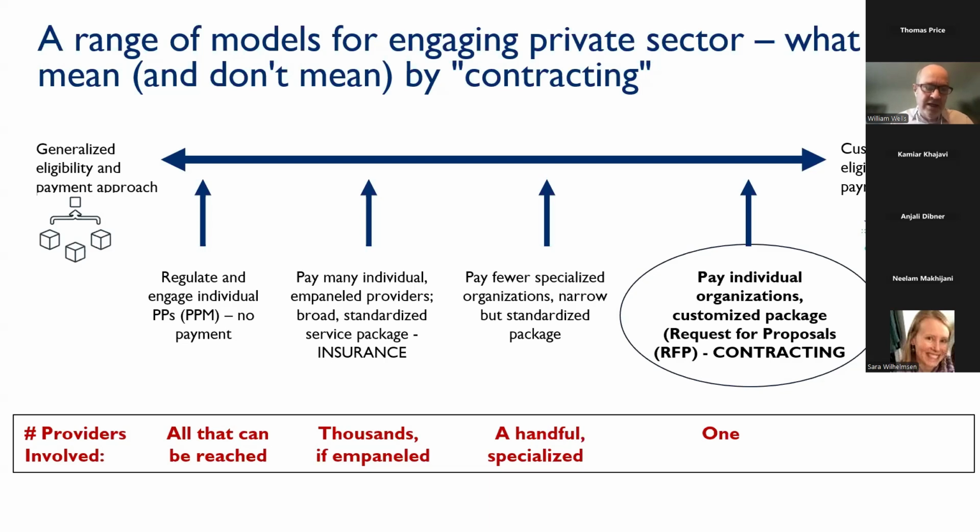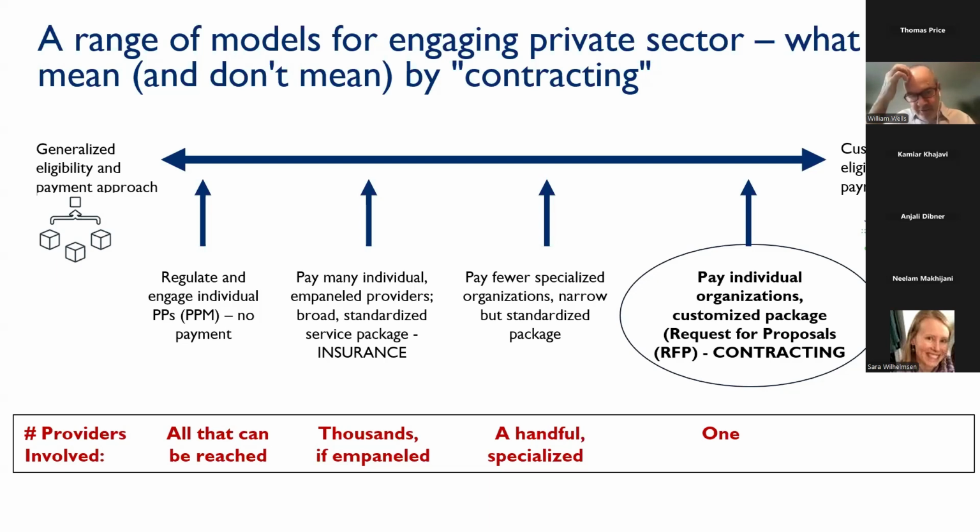So it's just engaging them and maybe helping them with public health tasks, but no payment going from government to providers. Then you get to the more familiar insurance approach, where you're impaneling many providers, probably thousands, with a broad standardized service package that's applicable to all providers. So that's insurance. That's sometimes also called contracting, but that's not what we're covering today.